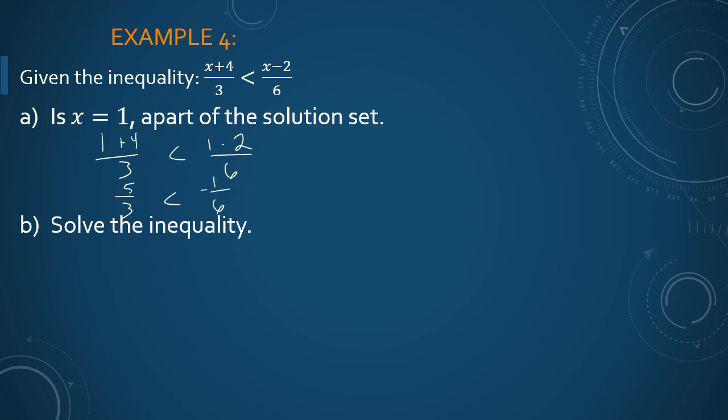Now fractions might not be your thing, but right now we have 5/3 is less than negative 1/6. Hopefully common sense would dictate that a positive number is not less than a negative number, regardless of your comfort level with fractions. So 5/3 is not less than negative 1/6. So what does that inconsistency tell us? It tells us that no, x equals 1 is not a part of the solution set.